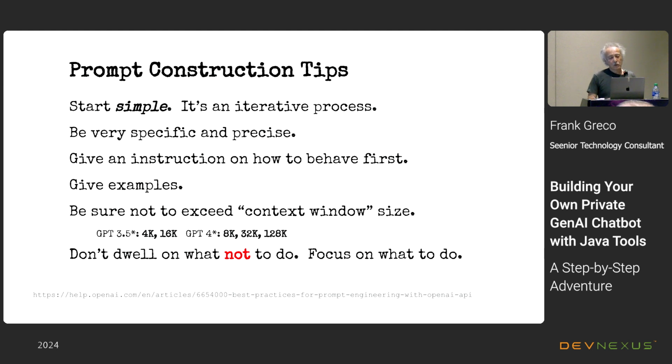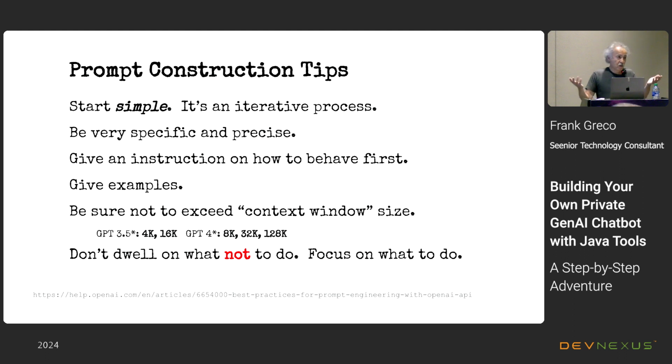Okay, so with prompt construction, you start simple, and when you're using ChatGPT, it's an iterative process. You talk to it like you're talking to a person. When you ask for code, you might say, well, that doesn't compile because of this. And it goes, oh, sorry, let me give you this. And you say, well, you left out this dependency. Oh, yeah, sorry. So talk to it like you're talking to a human.